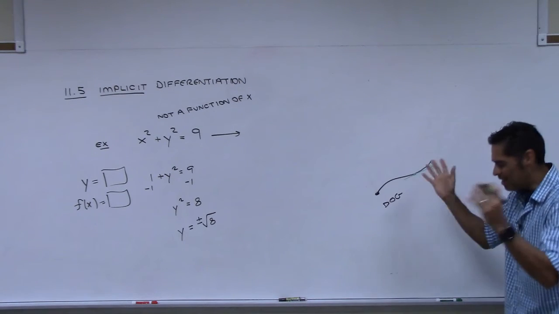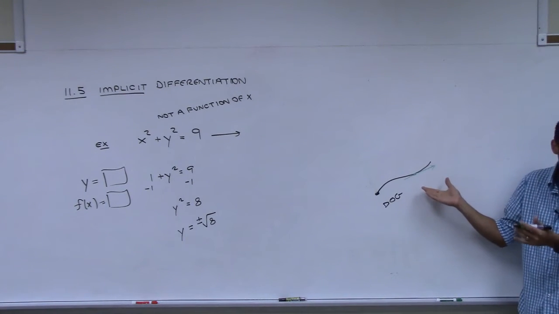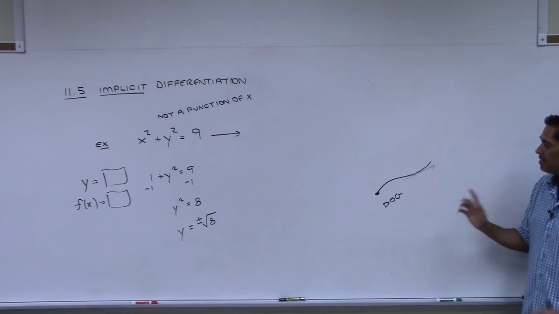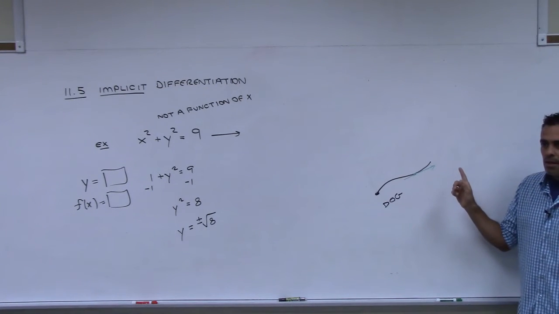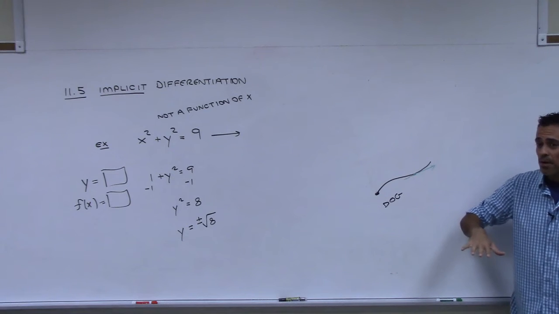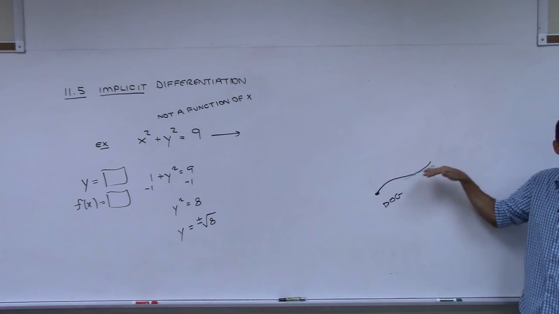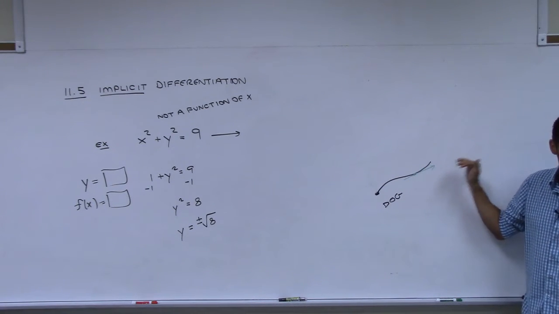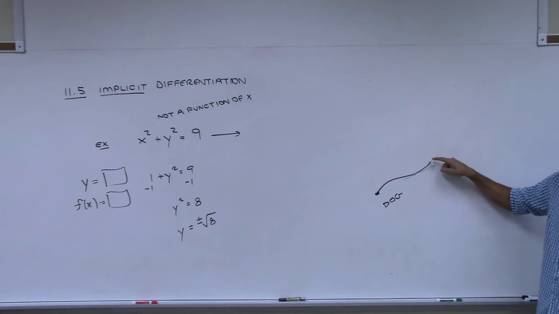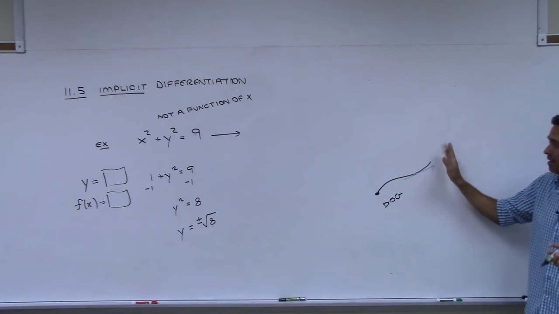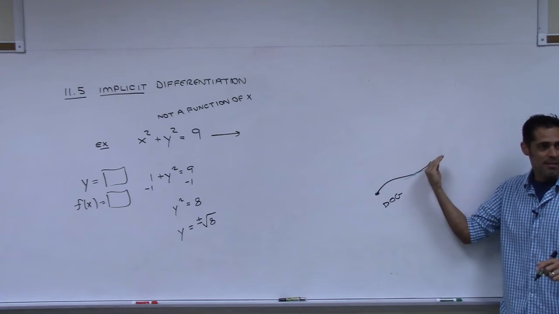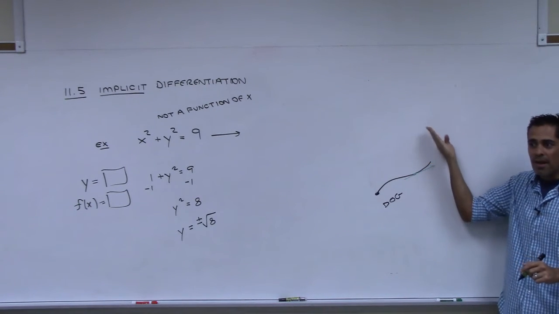I know this dog analogy is kind of stupid because you never really need to know this, but what I'm trying to get at is this. Everything we've done up to this point, we can handle so long as it passes the vertical line test, right? So if this dog continues to run, I can do derivatives so long as the dog runs a certain way, and it doesn't ever turn back on itself.